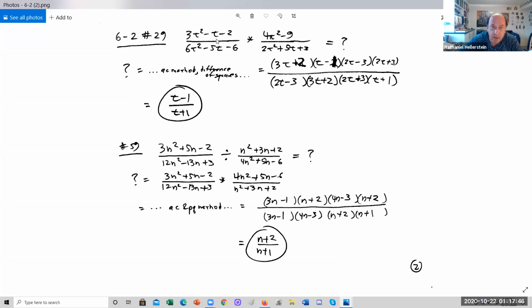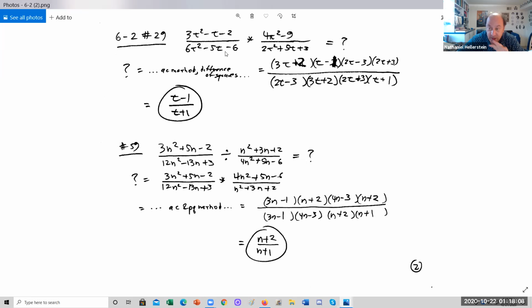Now here we have some trinomials in these expressions. So 3t squared minus t minus 2 over 6t squared minus 5t minus 6 times 4t squared minus 9 over 2t squared plus 5t plus 3 equals what? Here I skipped a whole bunch of steps involving the AC method and difference of squares and so on.